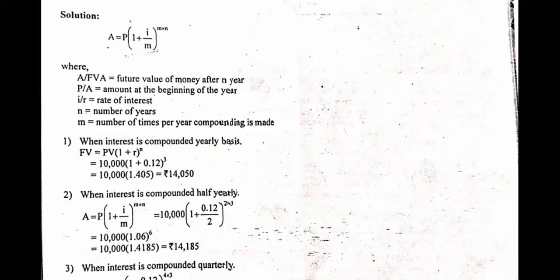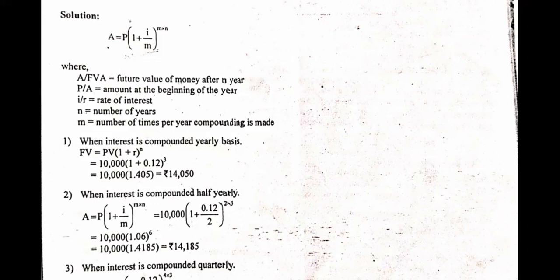Half yearly means 2 times in the year. So first we do 0.12 divided by 2, we get 0.06.